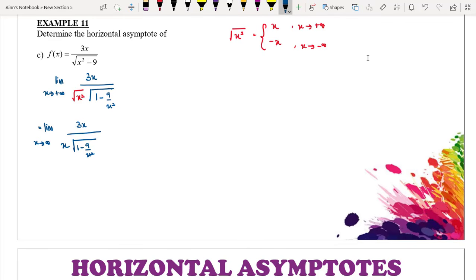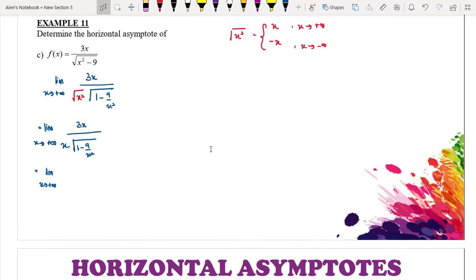Now again, we have to divide by the highest power of the denominator. As you can see, the highest power of the denominator is x. So we have to divide each term by x.